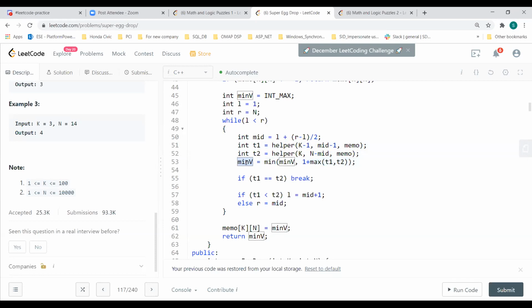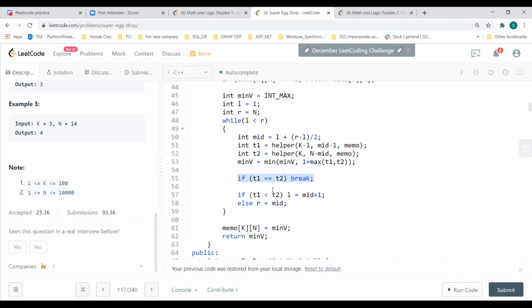So the same thing, I keep on storing it, but at the same time I go through this binary search, and if my T1, T2 are equal, then only I break. If not, then I try to reduce my search space of binary search, right? So if T1 is less than T2, I know that my search space is very wide, so I have to reduce it, and I set the left side to mid plus one or my right side to mid, and then I narrow down my search space till I get T1 equals T2, right?